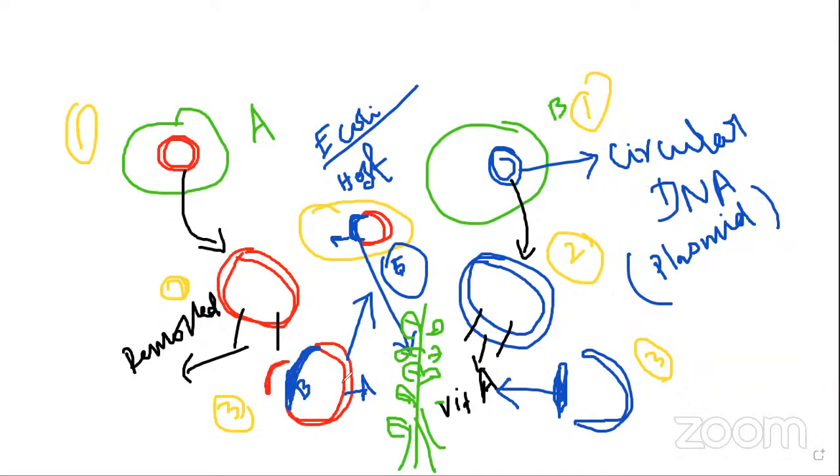After the completion, it is introduced into the host cell for the replication process. After the replication process only, the gene cloning is completed. This process, after introduction into the host cell, is called gene cloning.